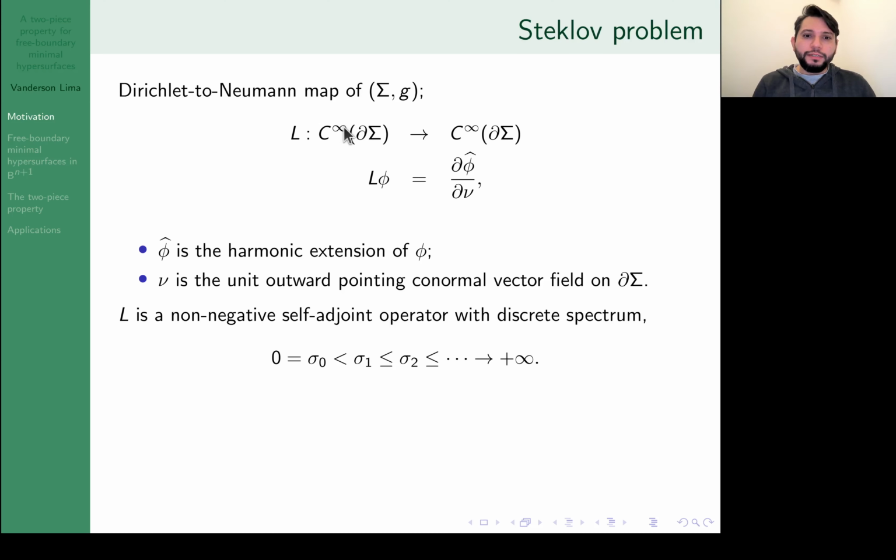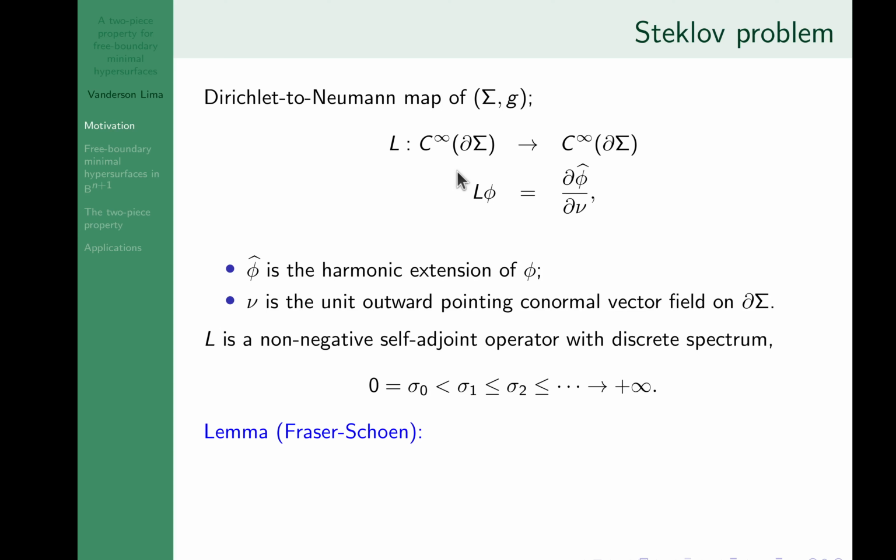Okay, so what is the relationship of this problem with free boundary minimal submanifolds? There is an observation by Fraser and Schoen. Let sigma be an immersed submanifold of the Euclidean ball. For simplicity, we can suppose it is compact, and suppose that the intersection of sigma with the sphere, which is the boundary of the ball, is the boundary of sigma.